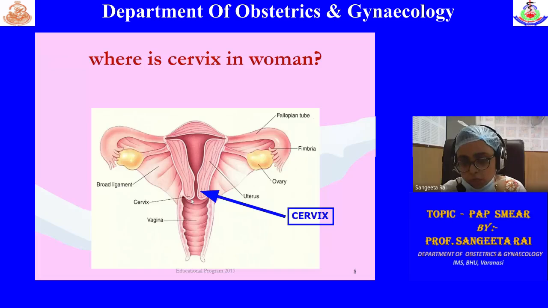We all know what this type of transformation is. It is known as metaplasia. So this is known as immature squamous metaplasia, and if it is normal, in a few days this immature squamous metaplasia will lead to mature squamous metaplasia.